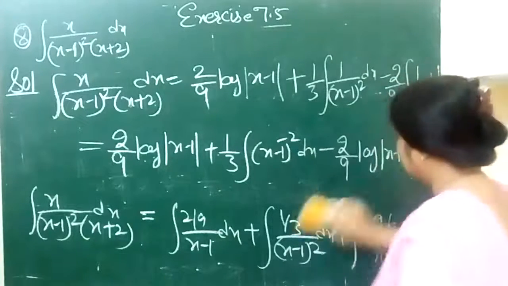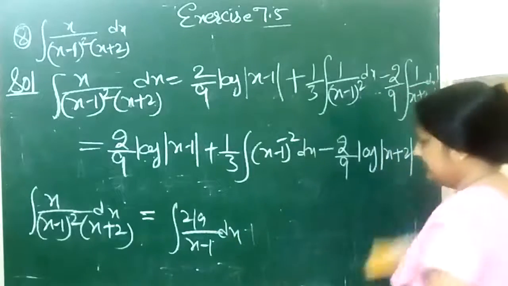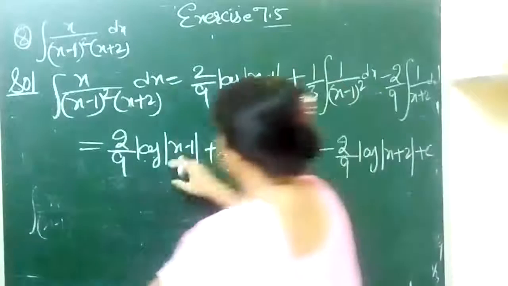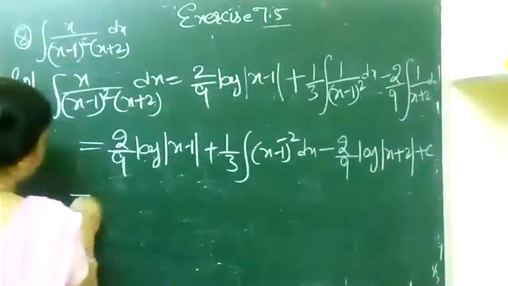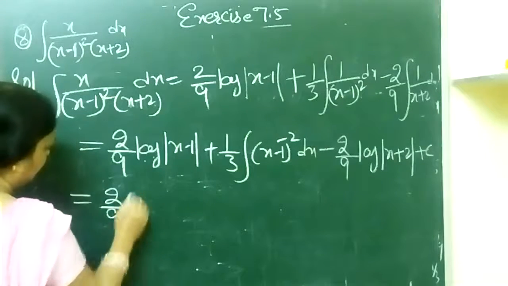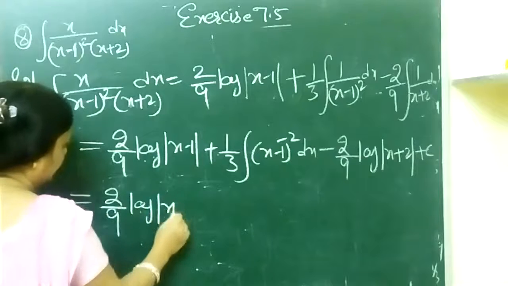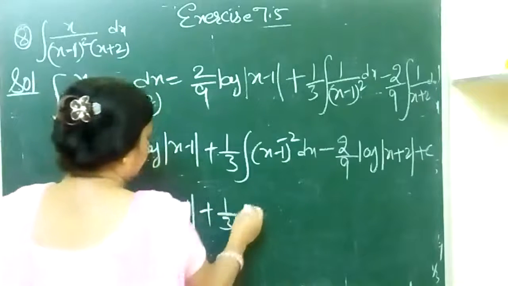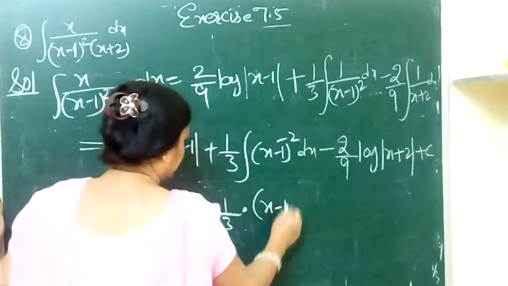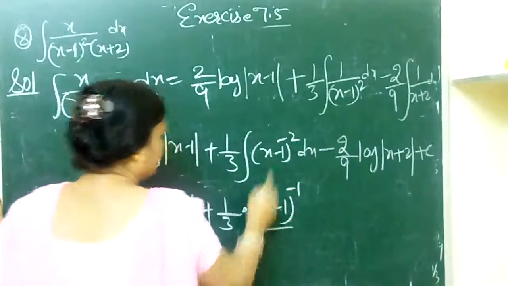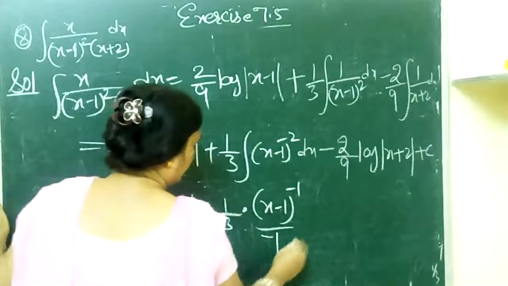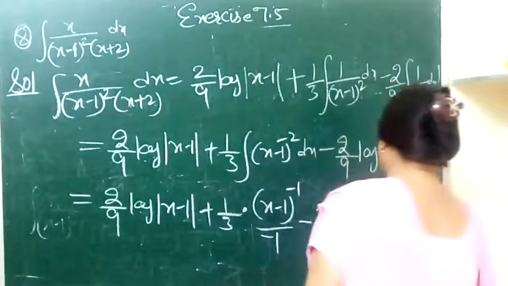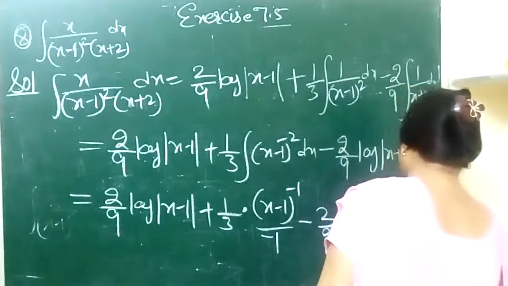Now our answer is coming after solving this step. So this step is as it is, 2 upon 9 log of x minus 1 plus 1 by 3, and integration of this term is x minus 1 raised to n plus 1 upon minus 1, minus 2 by 9 log of x plus 2 plus c.